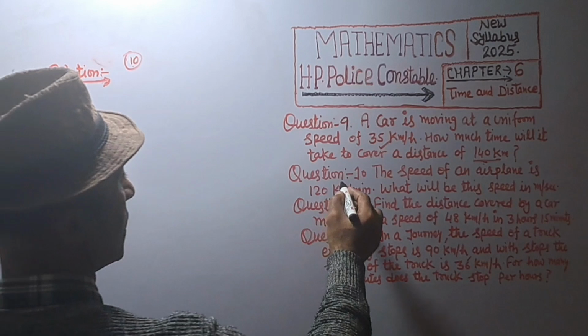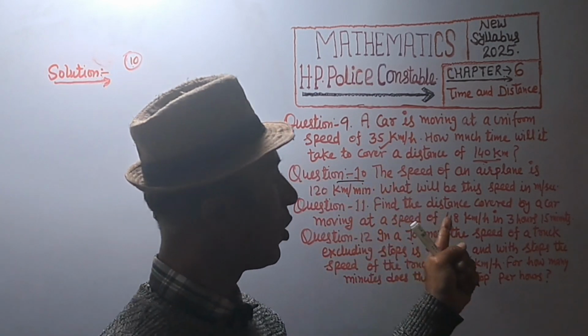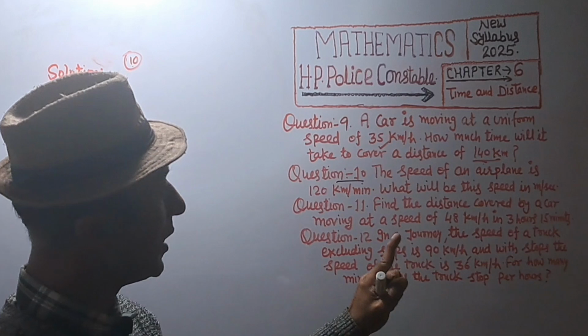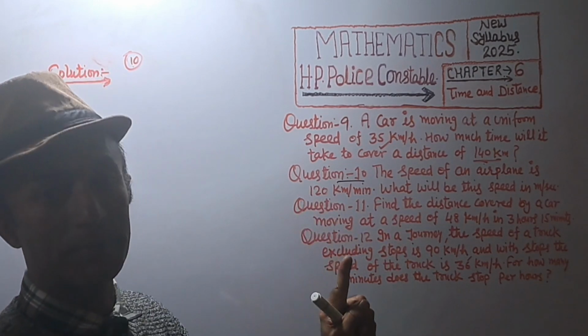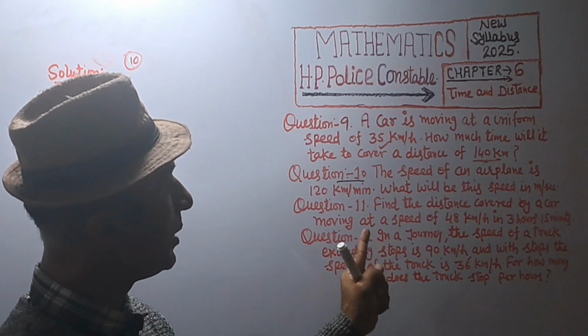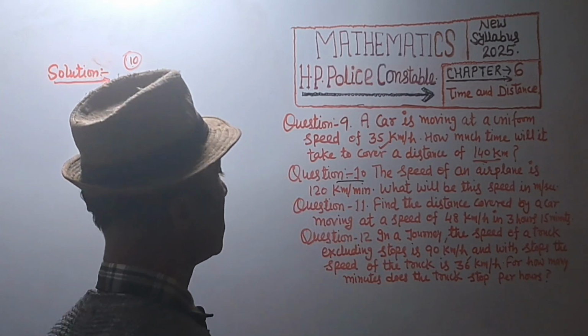Answer. Question number 10. The speed of an airplane is 120 km per minute. What will be this speed in meter per second?